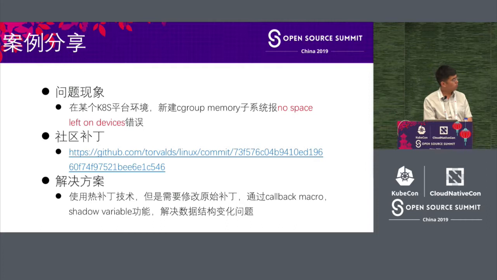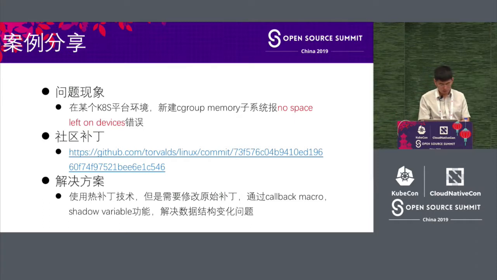So if we want to upgrade the kernel, it's not practical. There are a lot of nodes, and if we need to update all the nodes, the life cycle can be very long.